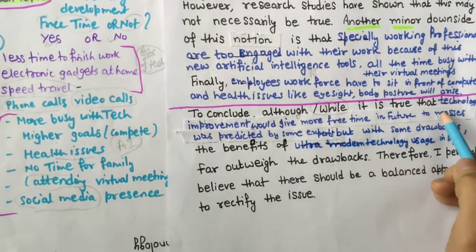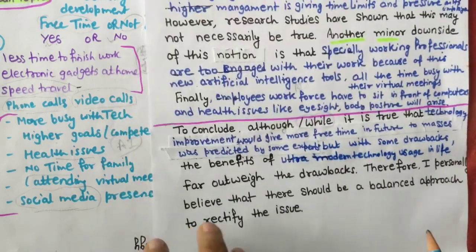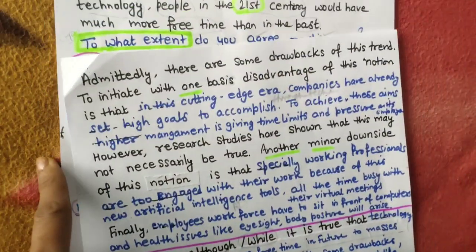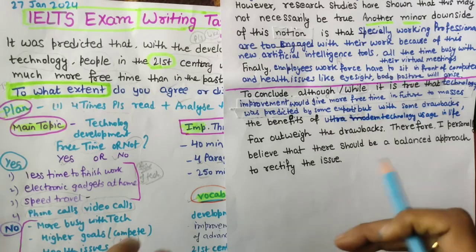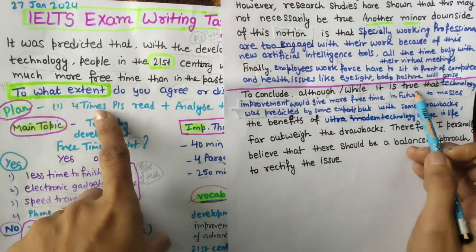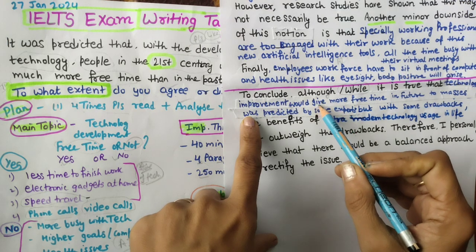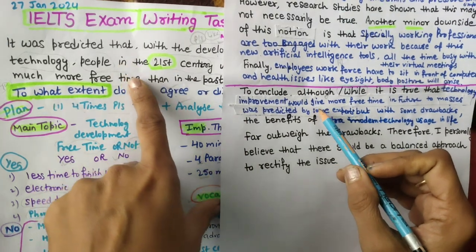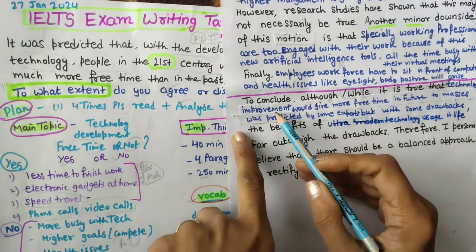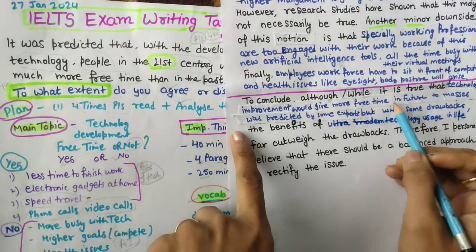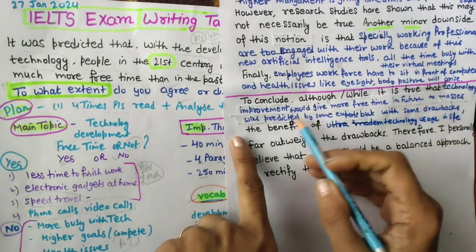Although it is true that, now same question statement you have to write. Now to conclude, although it is true that, now same sentence I have written, but some changes I have done in sentence, copying the sentence structure. So technology improvement would give more free time in future to masses was predicted.